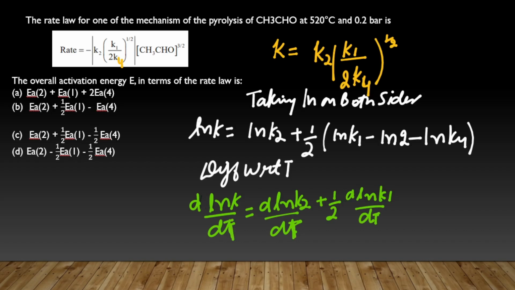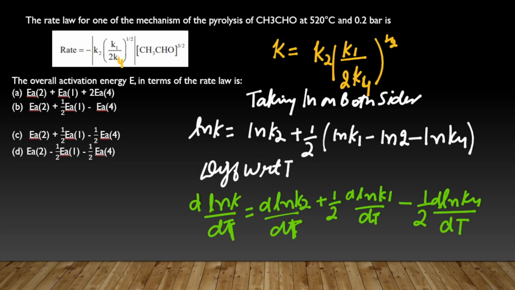And natural log of 2 is a constant with respect to temperature. If you are differentiating, that is going to be 0, minus 1 by 2 into d ln k4 upon dT. This is going to be the differentiated values.